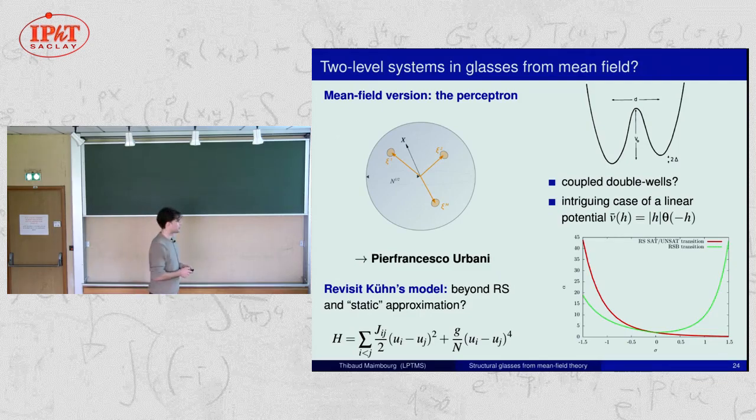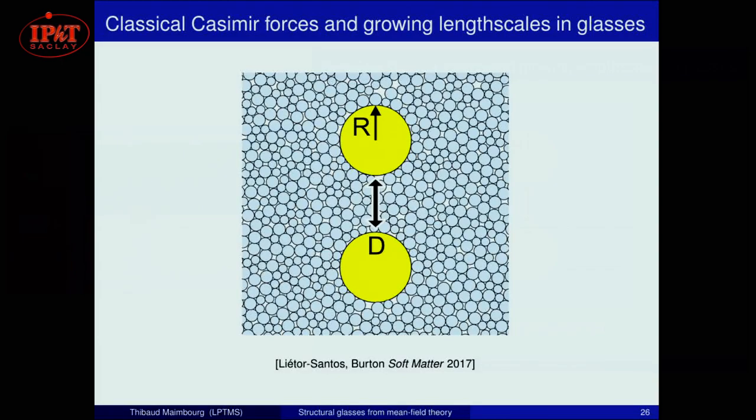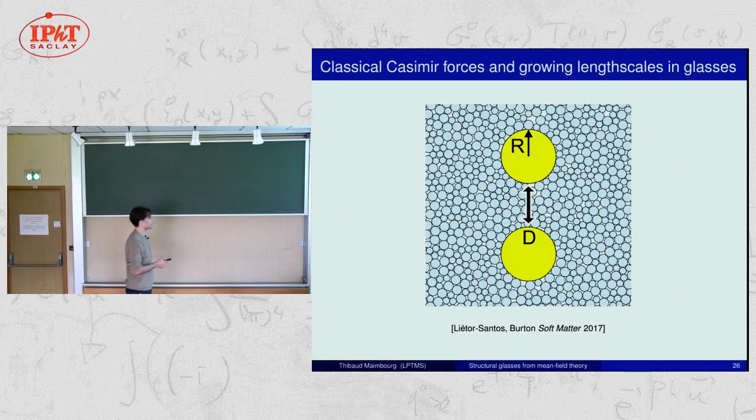Maybe I want to mention, in case someone is interested in those themes, that in the last years I've thought about a way to link, in liquids or glasses, classical Casimir forces to detect a growing length scale in the system close to a transition. The idea of classical Casimir forces is that when a system is close to criticality, you expect diverging length scales.